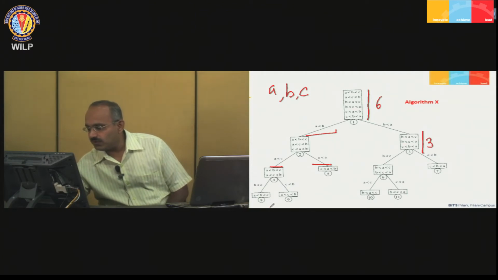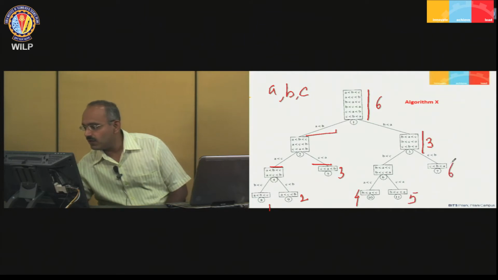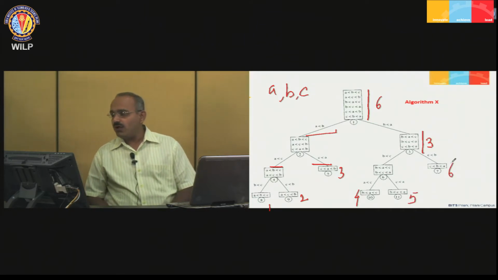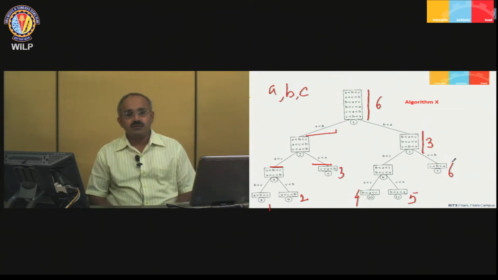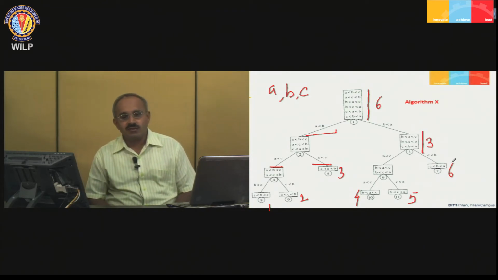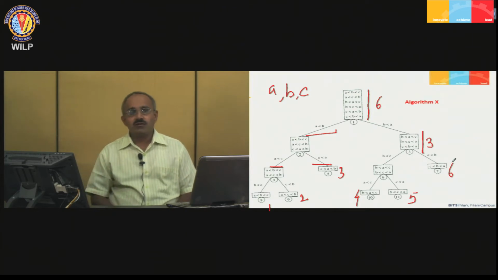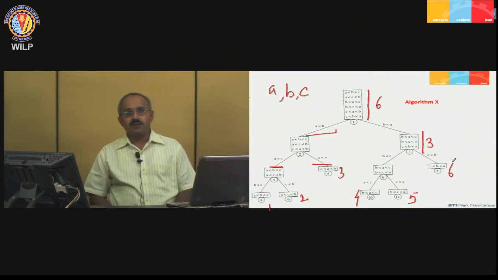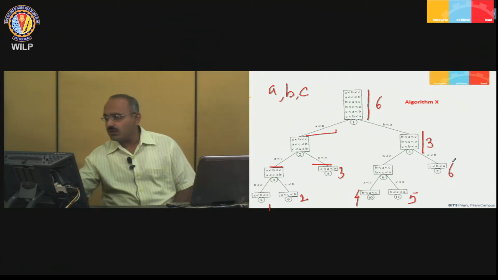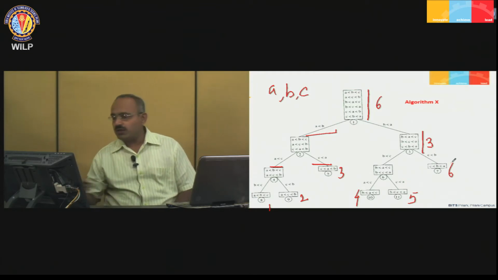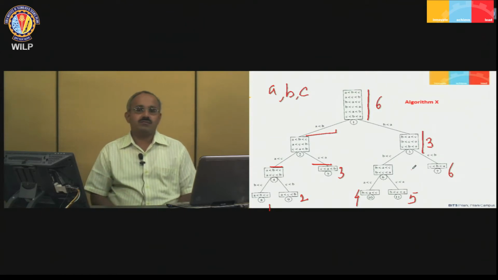If I look at this, this is leaf number 1, this is leaf number 2, this is leaf number 3, this is 4, this is 5 and this is 6. So, I have 6 possible combinations of these 3 elements, and depending upon the input, you are going to follow one of the paths in the decision tree. If your algorithm is correct, then it should return any one of these 6 possible leaves.